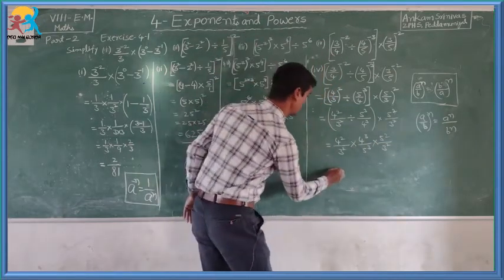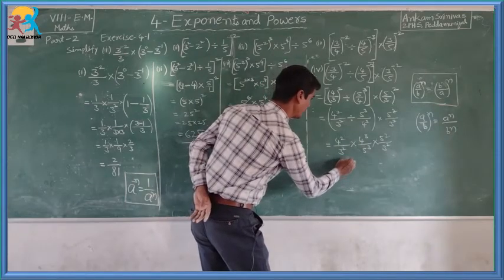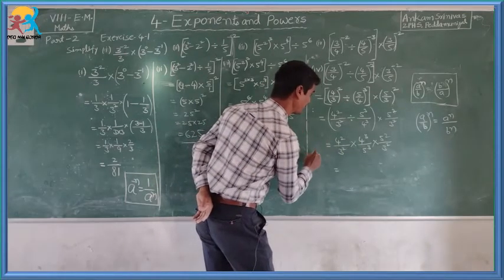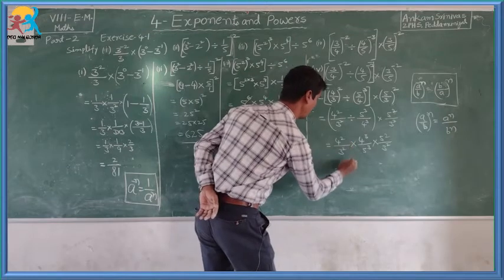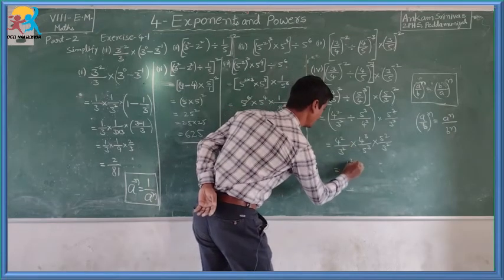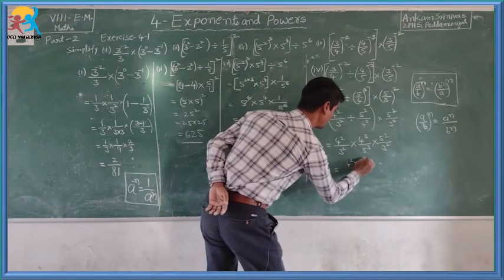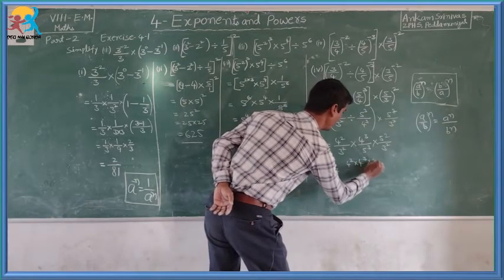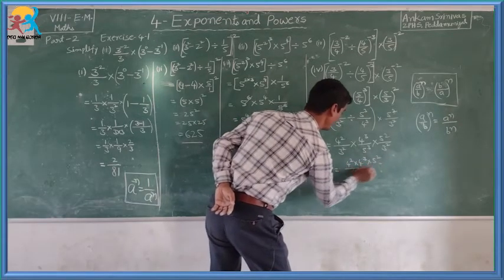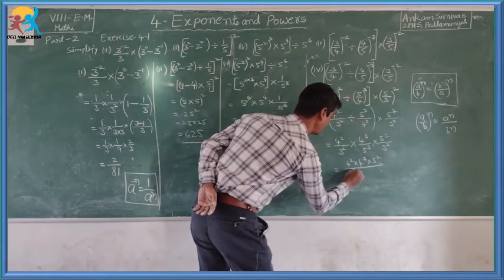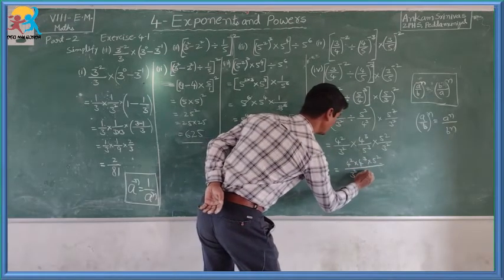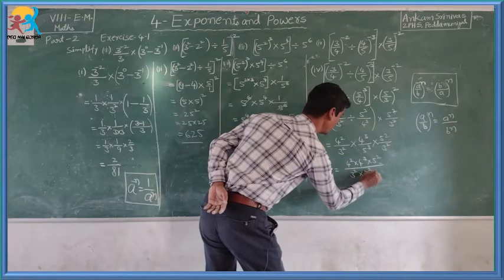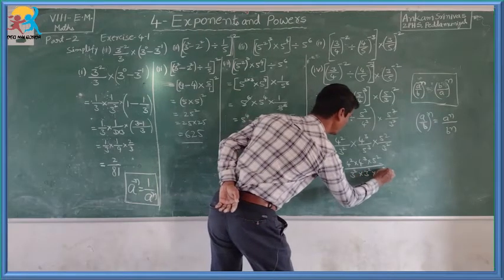So here remaining 4 power 2 into 4 power 3 into 5 square by 3 power 3 into 3 power 2 into 5 cube.